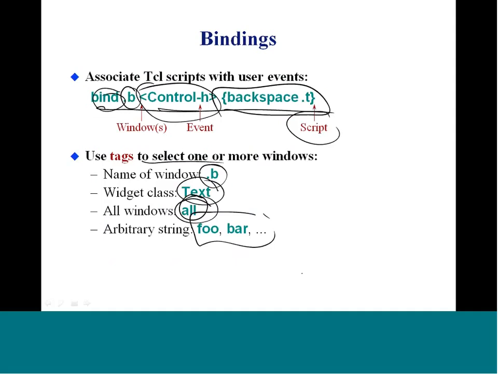So why is this useful? Essentially, this is the way that we can execute commands when the user presses any kind of keys or has any interaction. We can immediately bind that event to a particular command, and then we can execute that command.